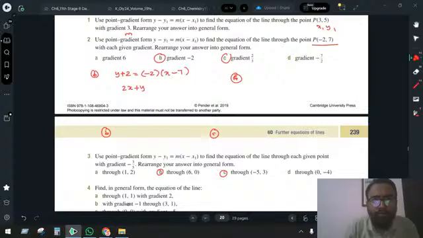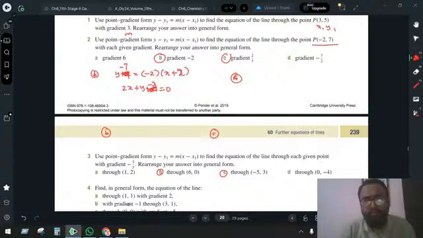Oh, I substituted it wrong. Minus 2, 2x plus y, I think. Then minus 7 plus 4 minus 3. Okay, 2x plus y minus 3 equals 0.